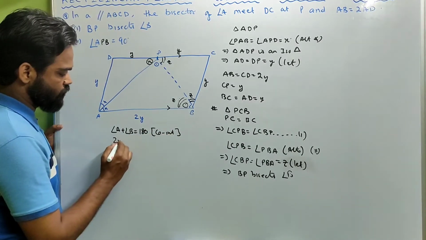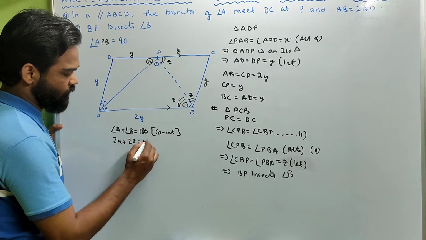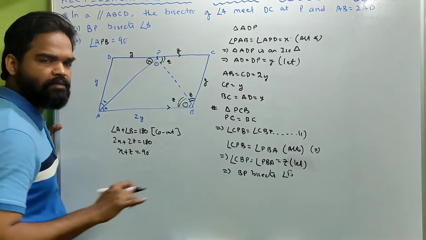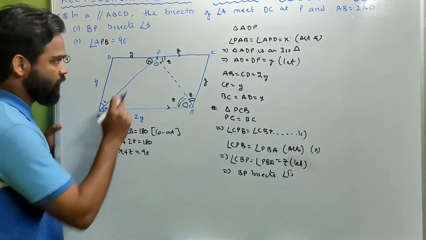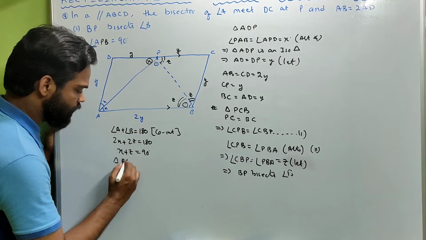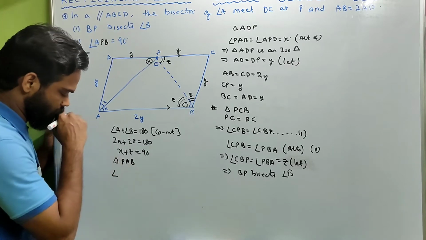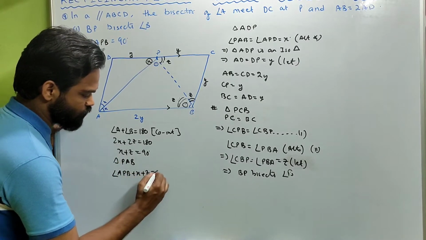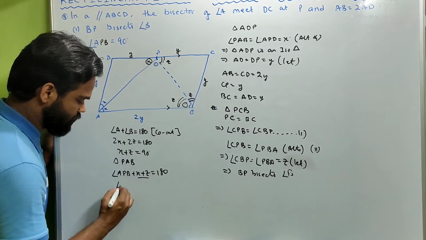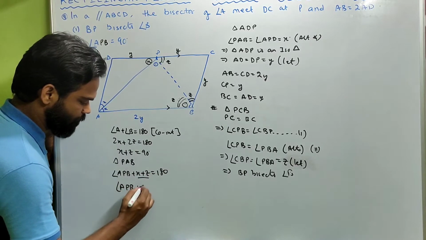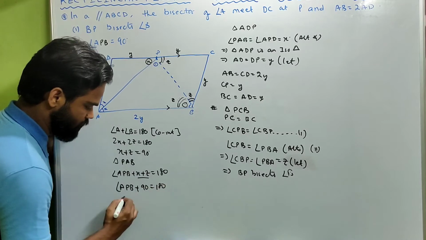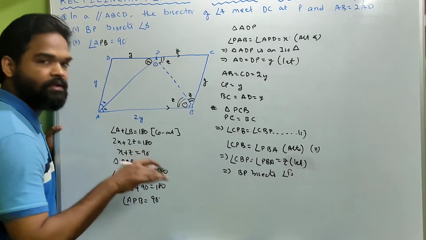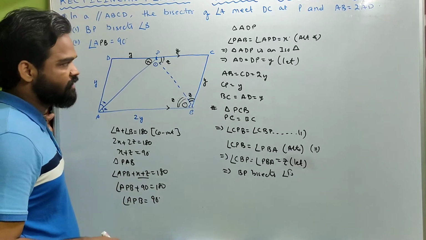Which means, can I write 2x plus 2z equals 180 degrees? Which means x plus z is 90 degrees. Done. Now look at triangle PAB. Angle APB plus x plus z equals 180. This is 90. So angle APB plus 90 equals 180. Which means angle APB equals 180 minus 90. That's 90 degrees. Done. Pretty easy.